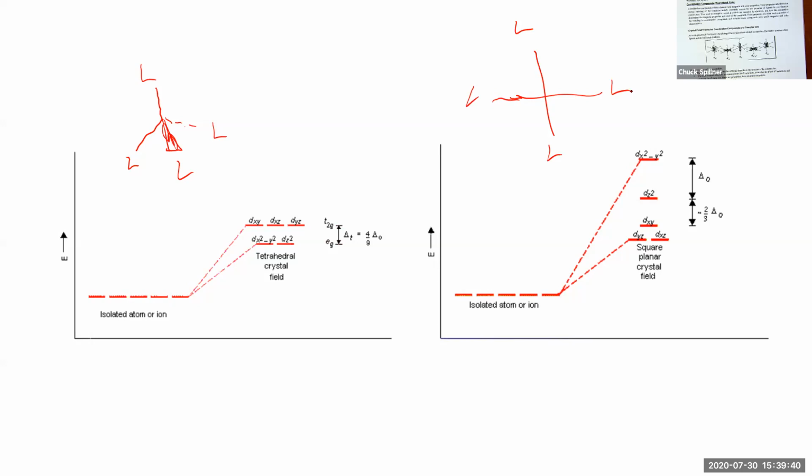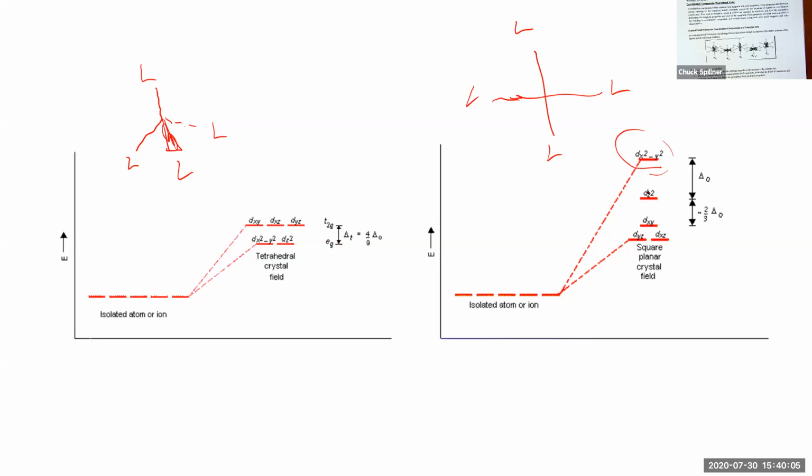And so the dx squared minus y squared is really impacted. That's the orbital that lies along the x and the y axis, so its energy goes way up. It's really high, almost in isolation up there. The other orbitals are much lower, and their energies are pretty close together.